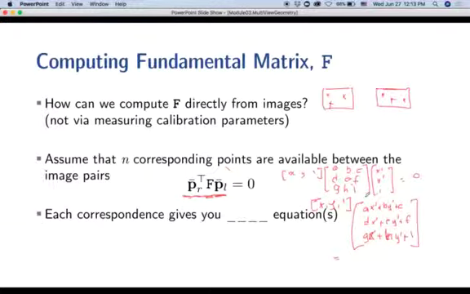Which is this whole thing, (a x prime plus b y prime plus c) times x plus (d x prime plus e y prime plus f) times y plus (g x prime plus h y prime plus 1) times 1, equal to 0. That's just one linear equation.